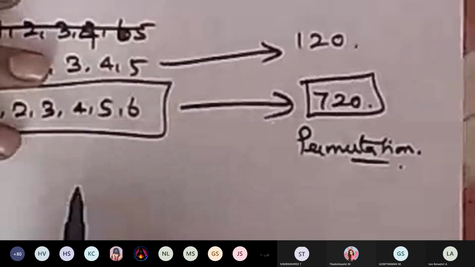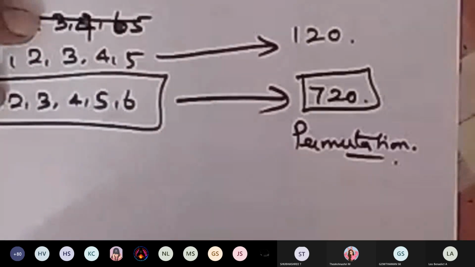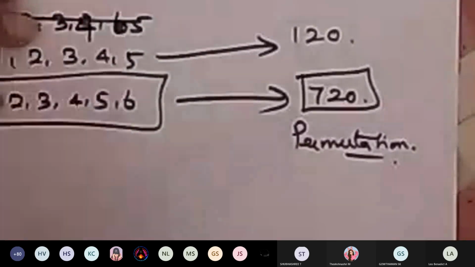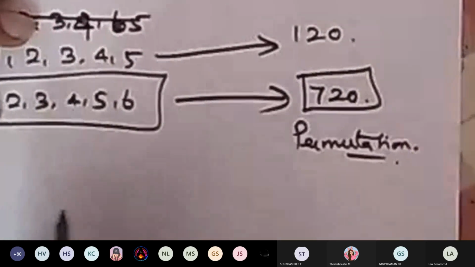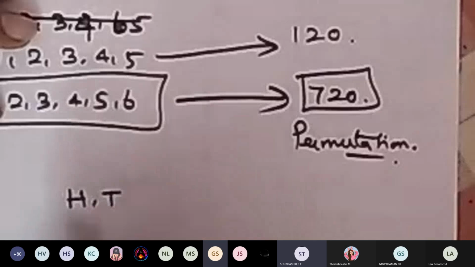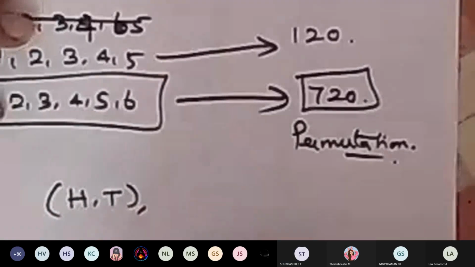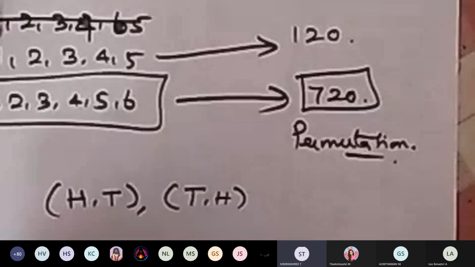even last year you would have learned tossing 2 coins. What are the possible outcomes? If you toss 2 coins, all the possible outcomes you write, right? 4 outcomes.